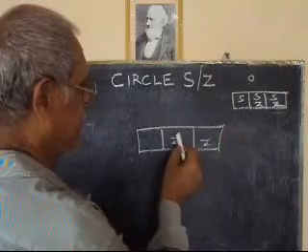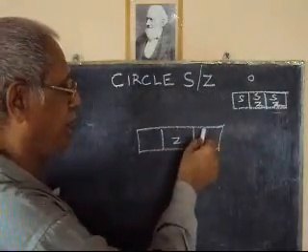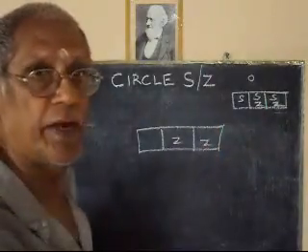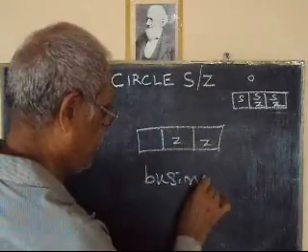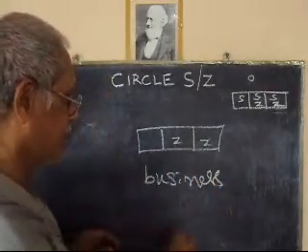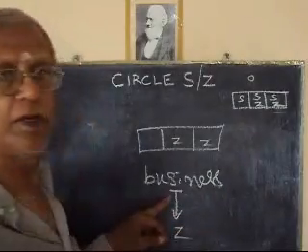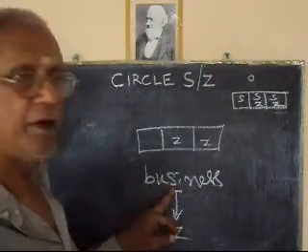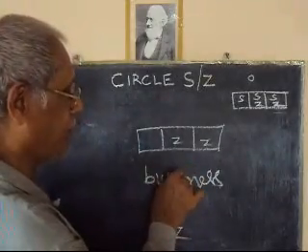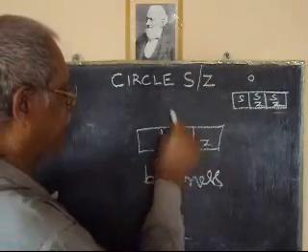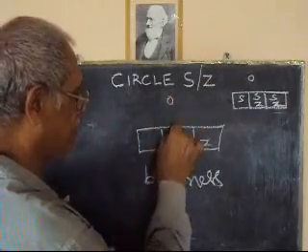It represents S or Z medially and finally. For example, busyness. Here the sound is Z, medial Z. So medially in a word, the small circle represents S or Z.